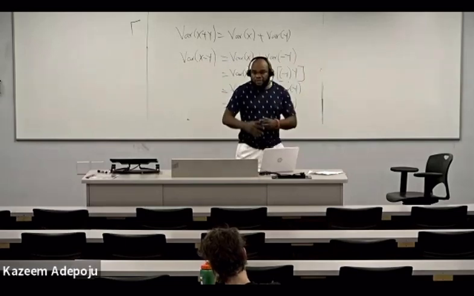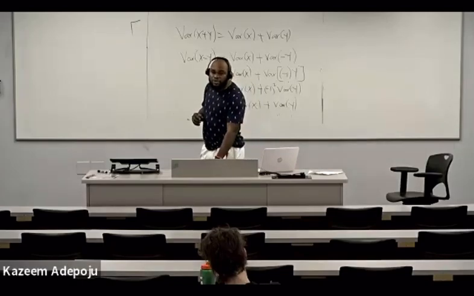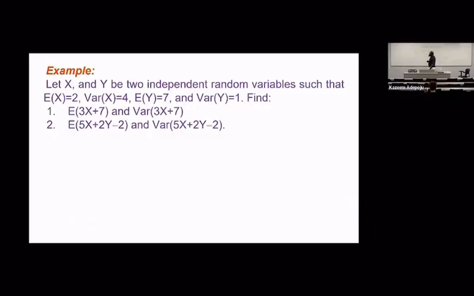Now from there, we can go to an example. Let X and Y be two independent random variables such that you're given the expected value of X to be 2, the variance of X to be 4, the expected value of Y to be 7, and the variance of Y to be 1. The question now: find the expectation of 3X plus 7, then find its variance.